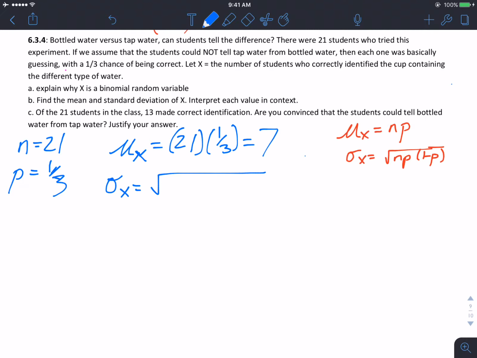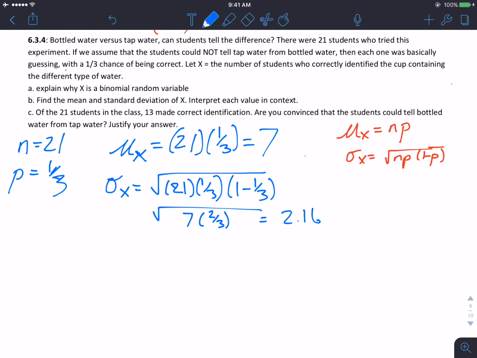And then we will go ahead and find the standard deviation, and if you actually do that math, it's 2.16.